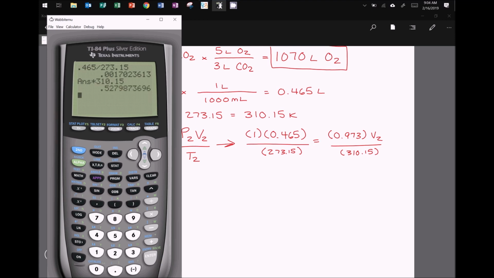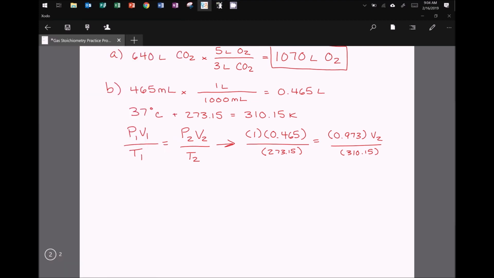Okay, now the only thing left is the 0.973 times V2. I'm going to divide out the 0.973. Alright, so our ending volume, V2, is equal to 0.542 liters. And my units here are going to be oxygen.